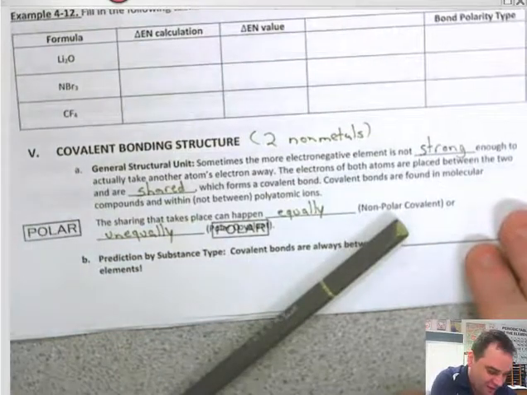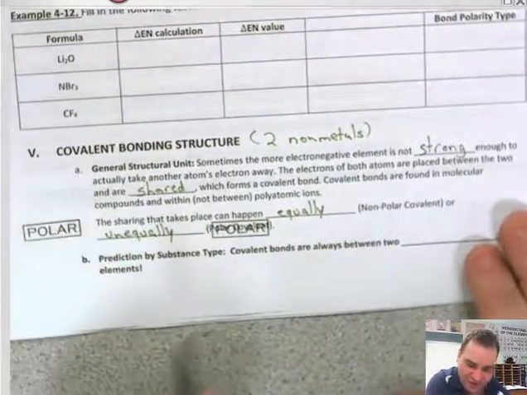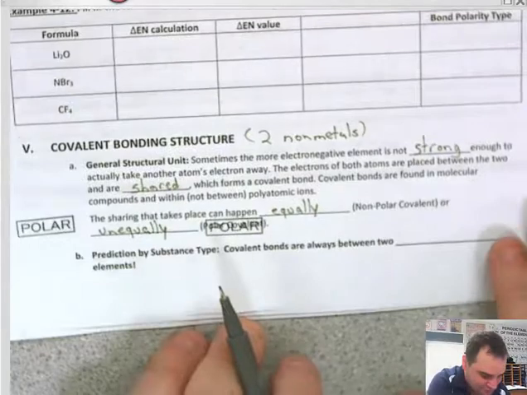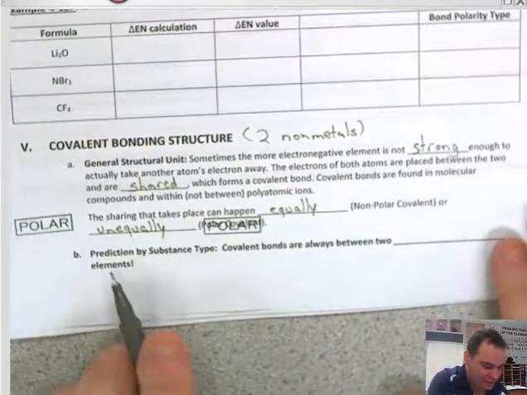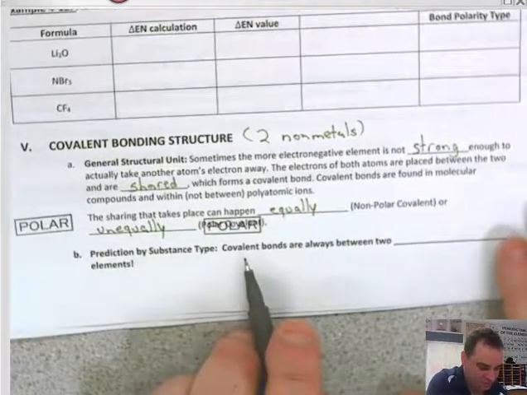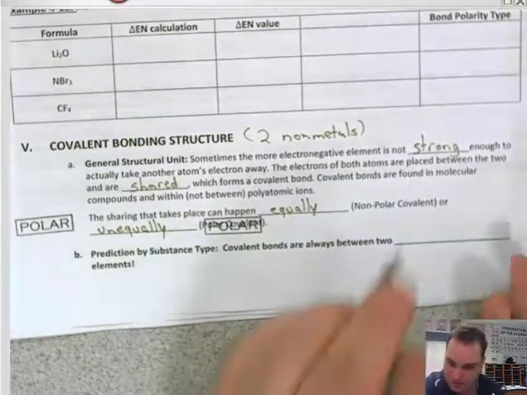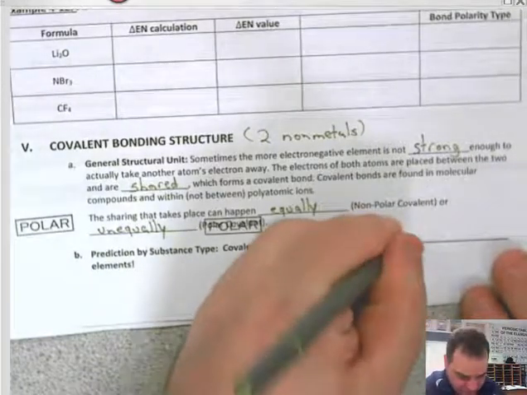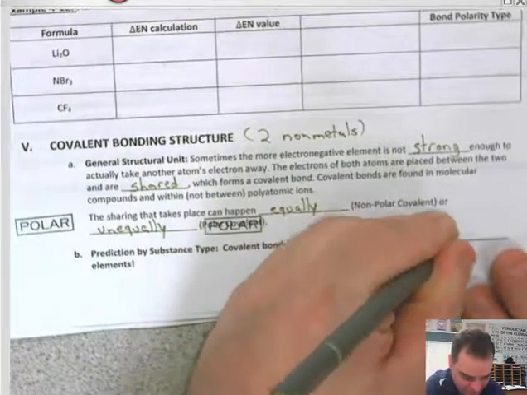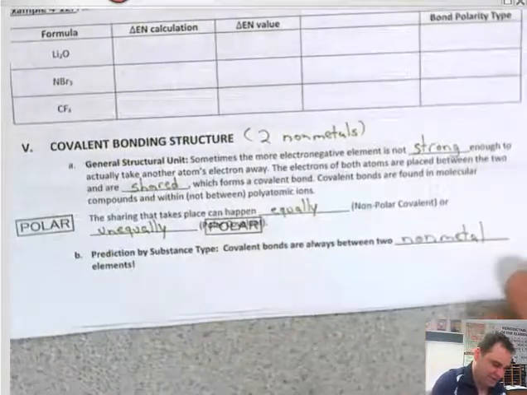Polar: unequal sharing, uneven electron density, of course. Okay, we did this a little bit already. Predicting the substances, covalent bonds are always between two non-metal elements. On to page 9.